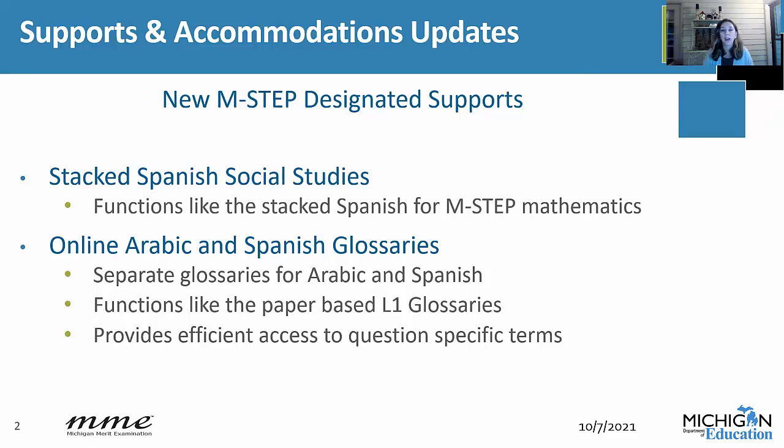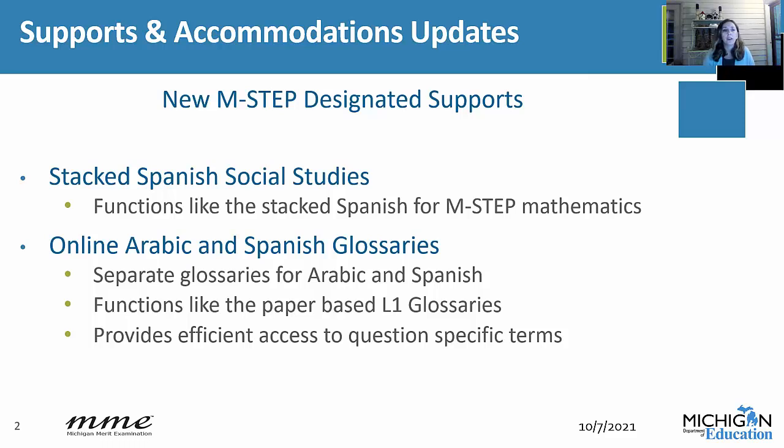So if you're familiar with that form of the assessment, there is a designated support option that can be enabled for individual students that will show students the Spanish form of the test question and content, as well as an English form of the test question and content. Spanish social studies is going to work the same way. Students will see a Spanish version of that test question in addition to the English version of that item.